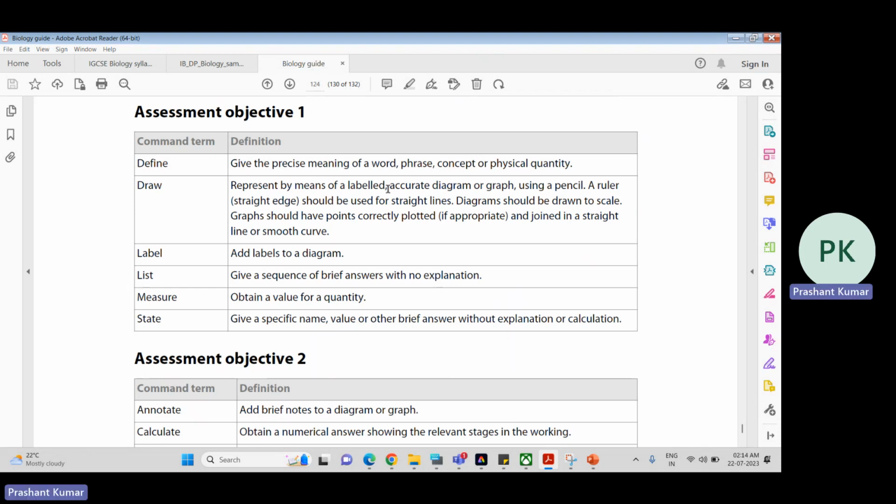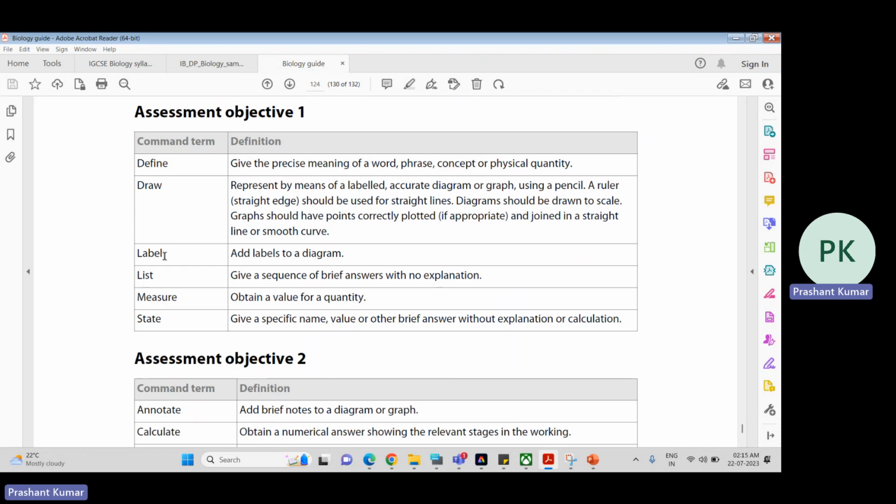You have to use pencils to draw the diagram, and use a scale to draw the straight line. The diagram should be drawn to scale. The graph should have points plotted correctly, and you must make a straight line or a smooth curve by joining all the dots.